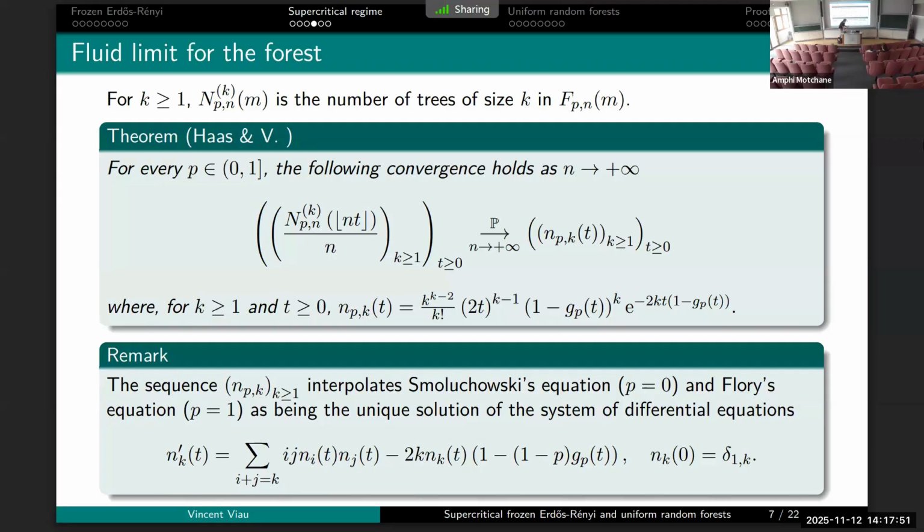Okay, so this was an application. Now the idea of the talk is to try to give a proof of the previous fluid limit result, or ideas of proof. So now, there is T, it's not equal to 1/2, it's not anymore the phase transition, right? Now it's just 0 that you have a phase transition. Actually, what you have is that the functions in this limit are smooth on R plus.